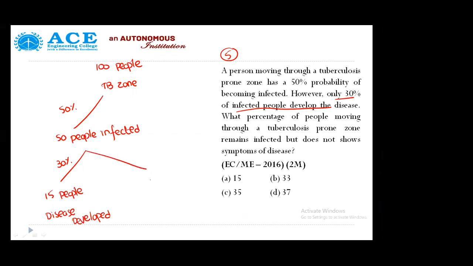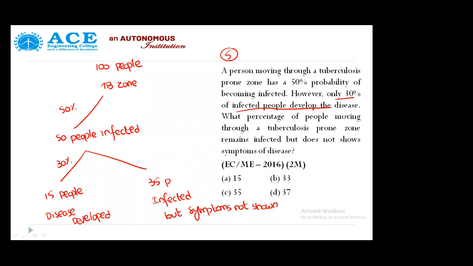For those 15 people the disease has developed, in the sense symptoms are shown. What about the remaining people? They are infected but symptoms are not shown, the disease is not developed. So we can say the remaining is 35 people.